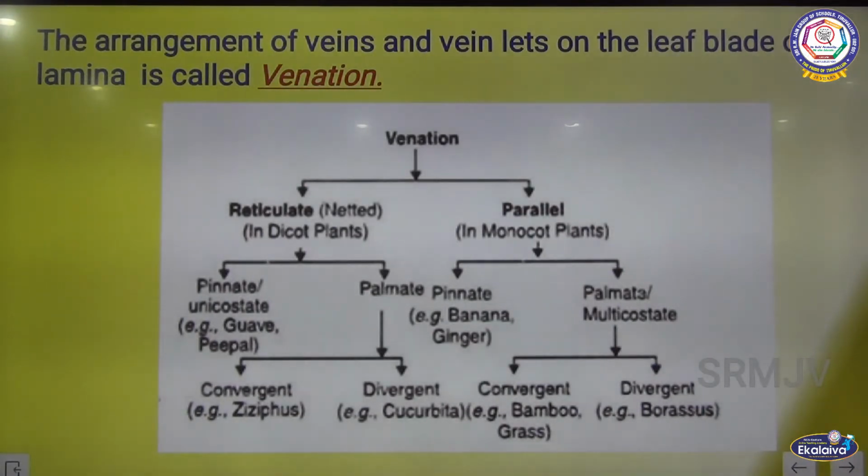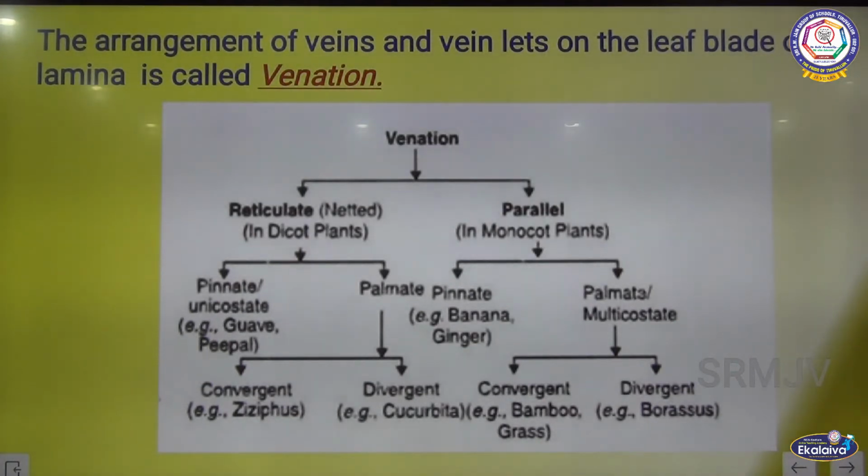Like when we were talking about roots, we said that the taproot is a characteristic feature of a dicot and the fibrous root is a characteristic feature of monocot plants. The same way here, if you see reticulate venation, those plants belong to dicots, and if you see parallel venation in the leaf, then you can say it is a monocot plant.